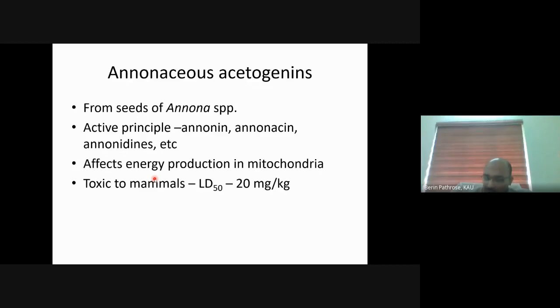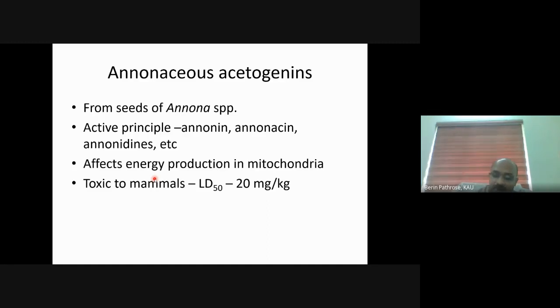It contains very few seeds, and we are trying to extract a botanical from the seeds of Annona, which have limited availability, and even if you get a fruit, the quantity of seeds is extremely low. So the scalability of this technology is extremely low, and it contains pesticidal molecules such as annonacins and annonidins, but it has some cancerous properties, and it is not recommended for use in agriculture.